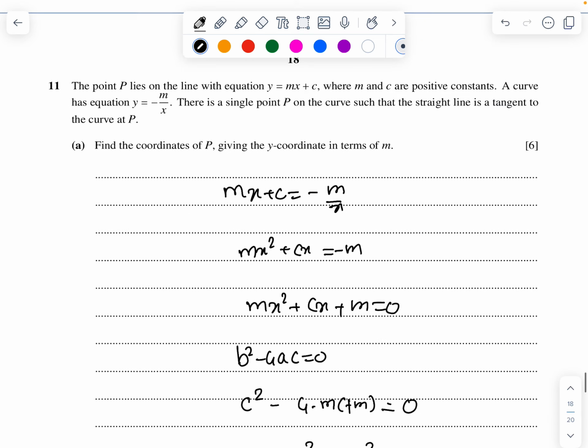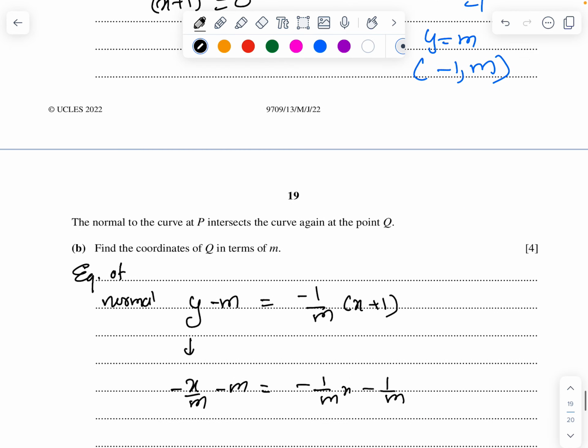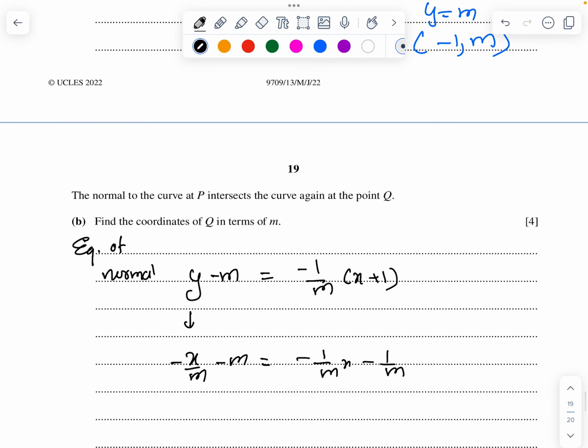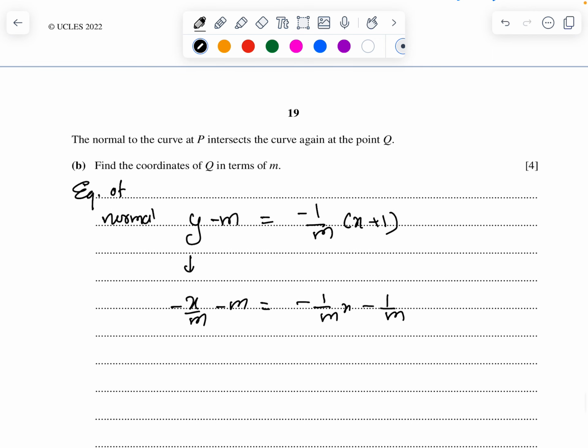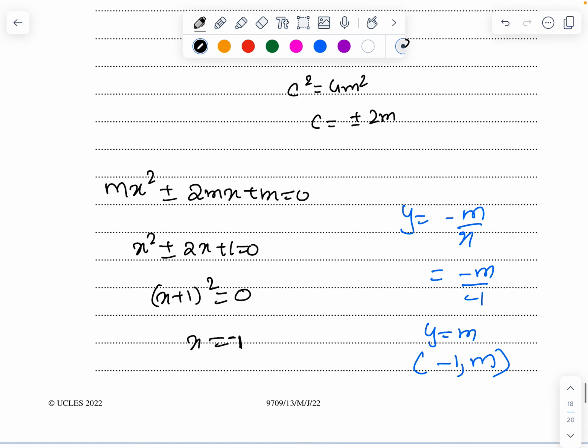And this equation we have to write as y equals minus m upon x. So from there I get this equation, minus x upon m minus m should be equal to minus 1 upon m x minus 1 upon m.